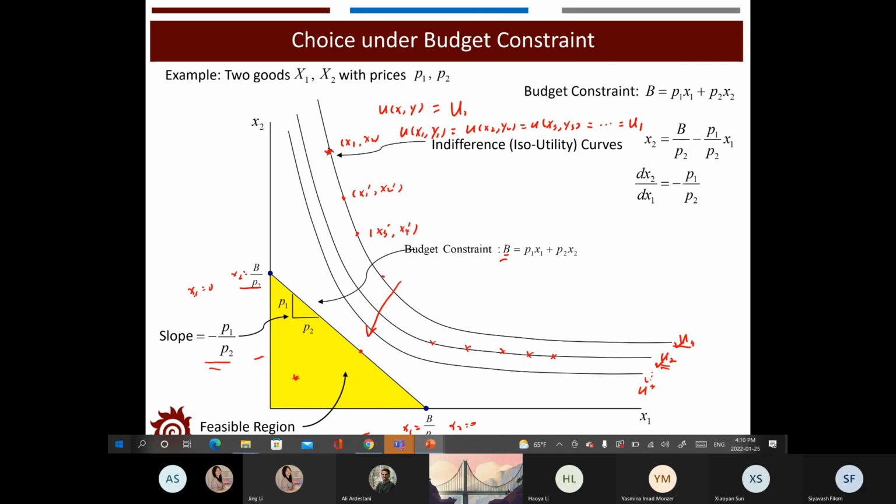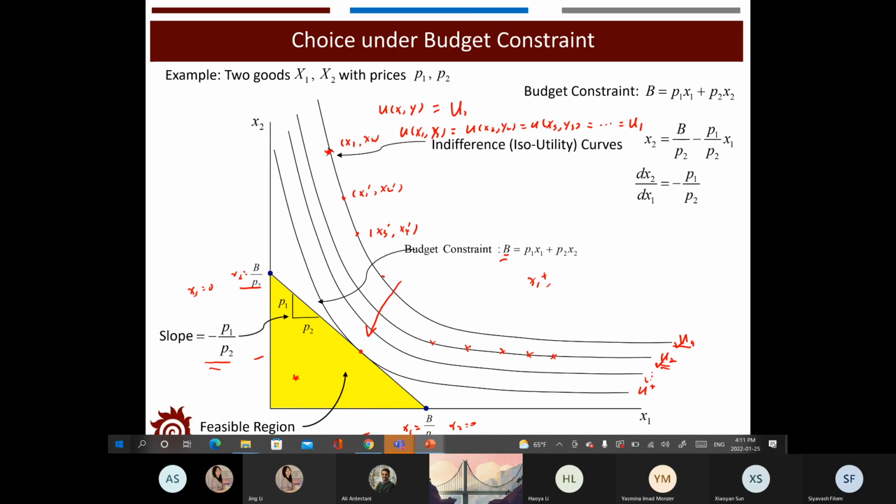For the problem with the budget constraint, we want to find the curve that is tangent to the budget line. At this point, say it is x1 star, x2 star.